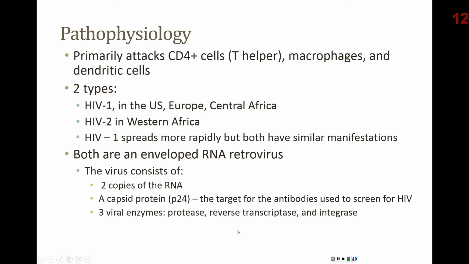As it leaves the cell, having made multiple copies from those proteins that the protease chopped up, it leaves the T cell, macrophage, or dendritic cell, having left it destroyed, and we have new copies of the virus circulating around. So that's the patho at the cellular level of what's going on there.